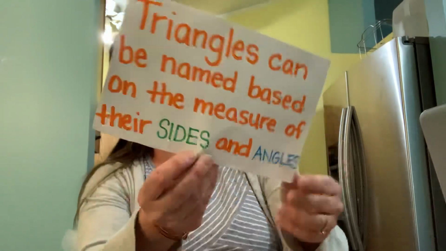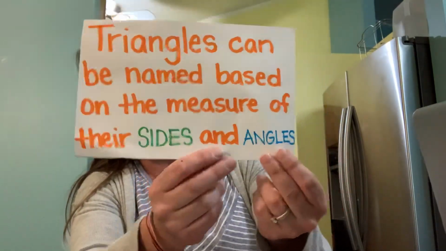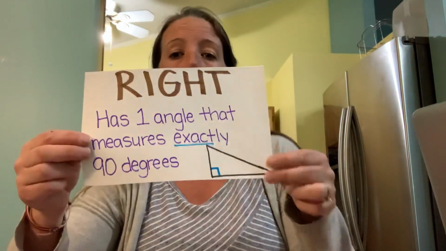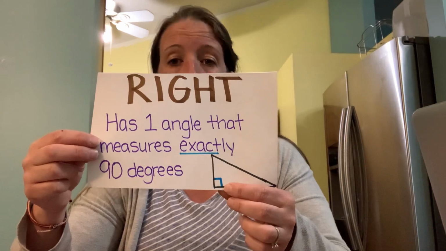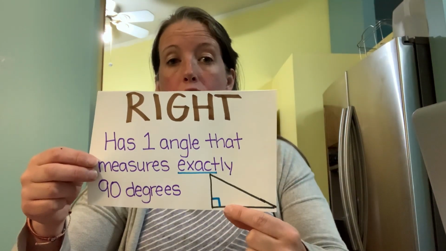Okay, so again, triangles can be named based on their sides, which we already did. And today we're going to look at their angles. So let's look at our first option, a right triangle. You'll notice that a right triangle has exactly one angle that measures 90 degrees.